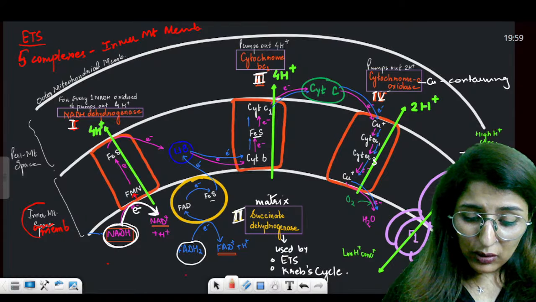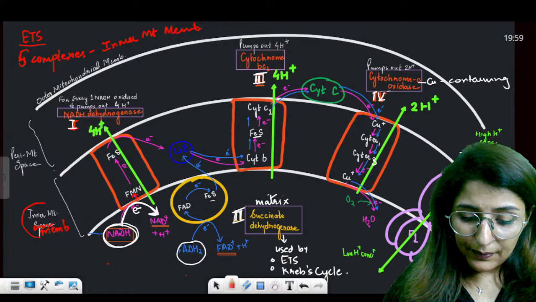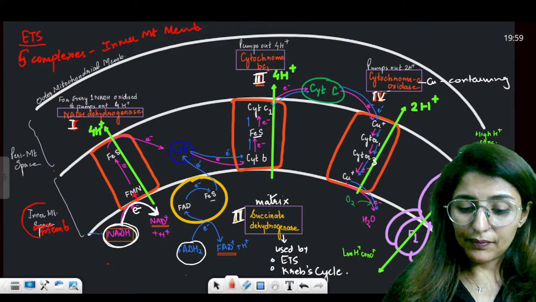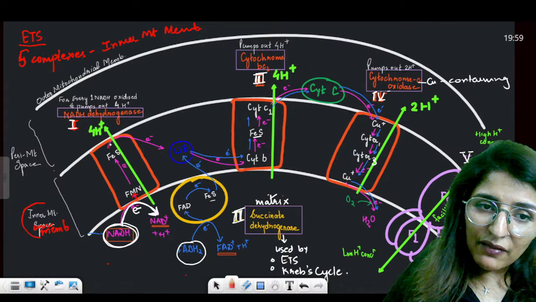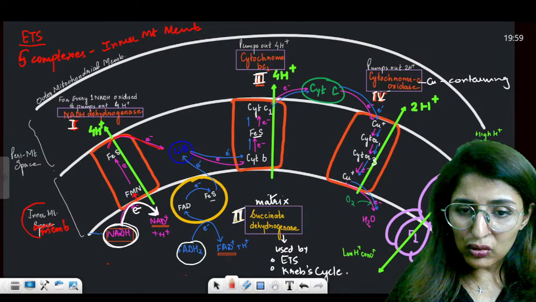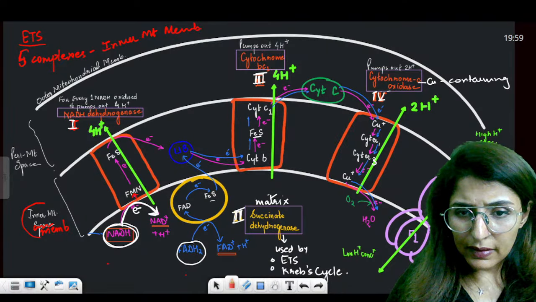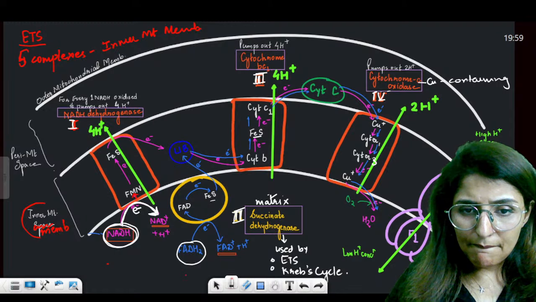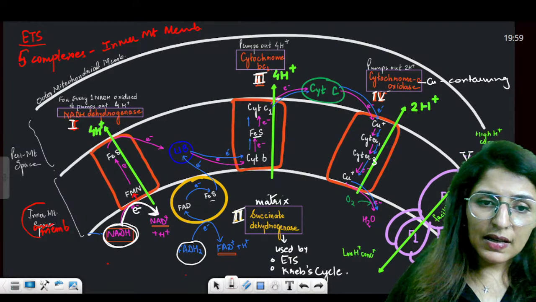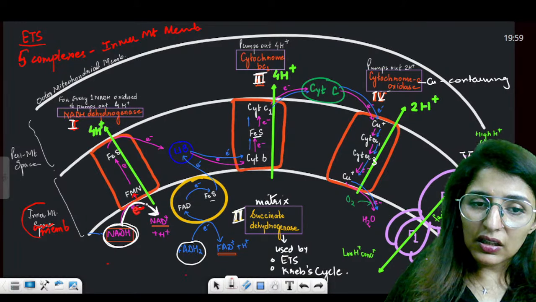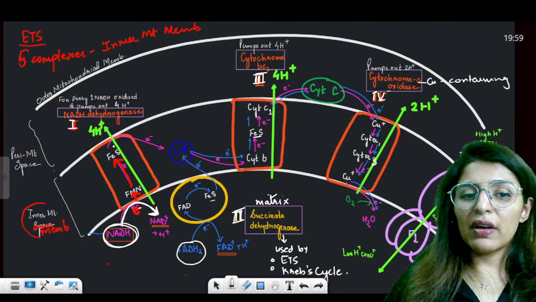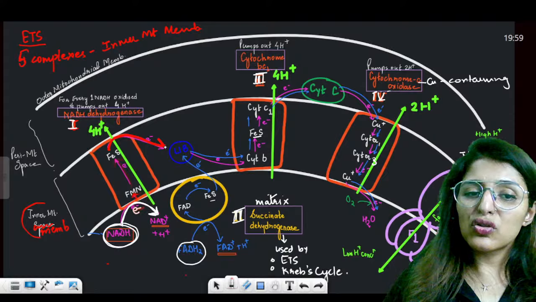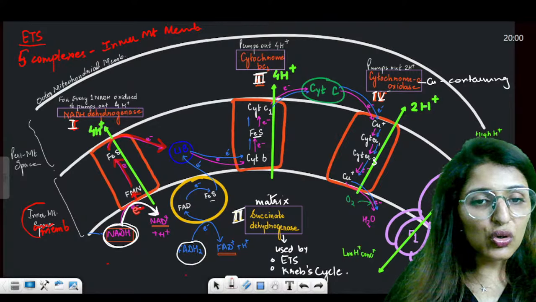It is going to pass it on to the FES. Is that clear? Now, from FES, this electron will be passed on to, wait, let me use the highlighter. Yes, guys. So the electron produced here is passed on to FMN. From FMN, it goes to FES. From FES, it goes to ubiquinone.